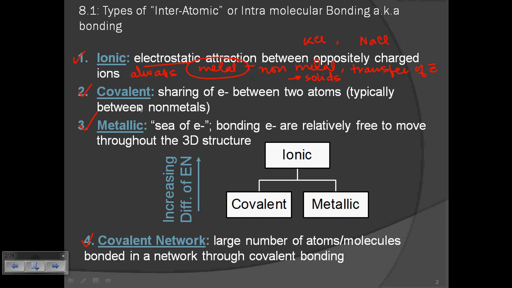Covalent bonding, on the other hand, is formed by sharing of electrons between two atoms, so there is no transfer. The atoms will share electrons between them, and this occurs generally between non-metals. There is no metal present.